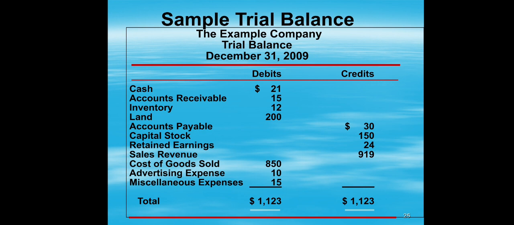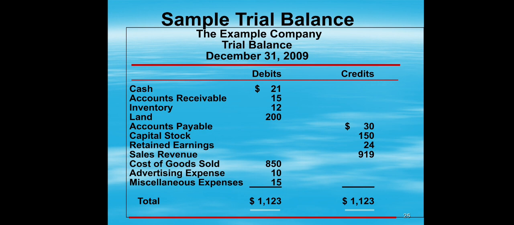Another thing is, what is the reason for preparing a trial balance? The main purpose of a trial balance is to know whether the recording process that you have done in steps 1, 2 and 3 is correct or not.